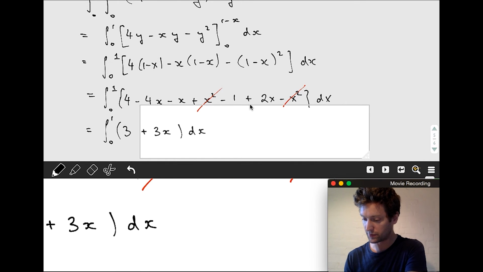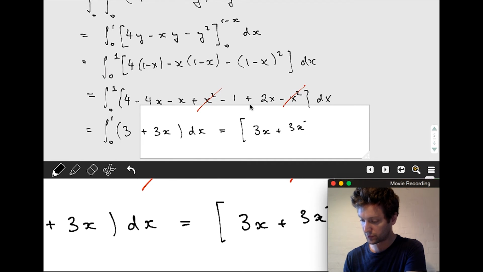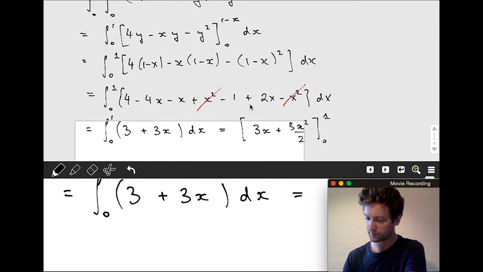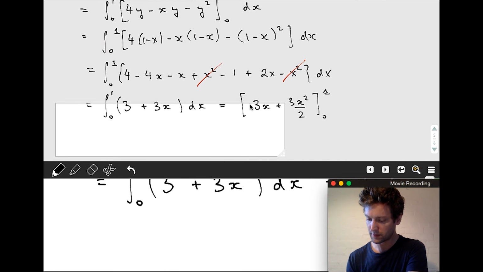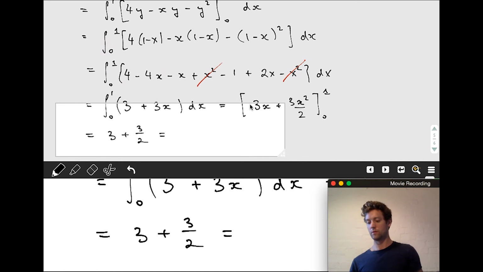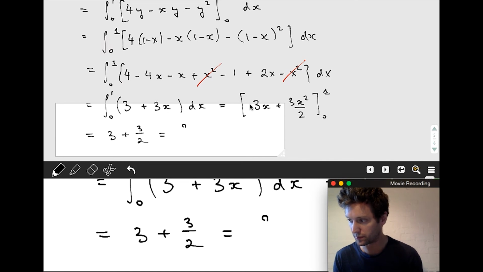So that will be equal to 3x plus 3x squared over 2, from 0 to 1. So that will be equal to 3 plus 3 over 2, which is equal to 9 over 2.